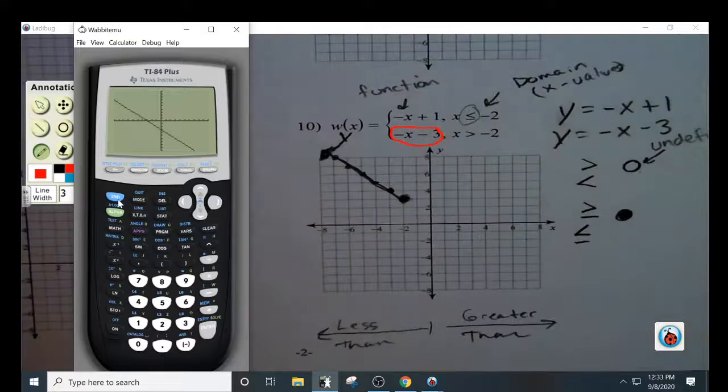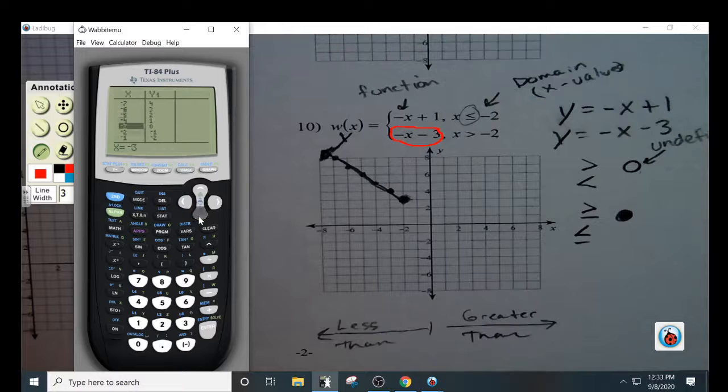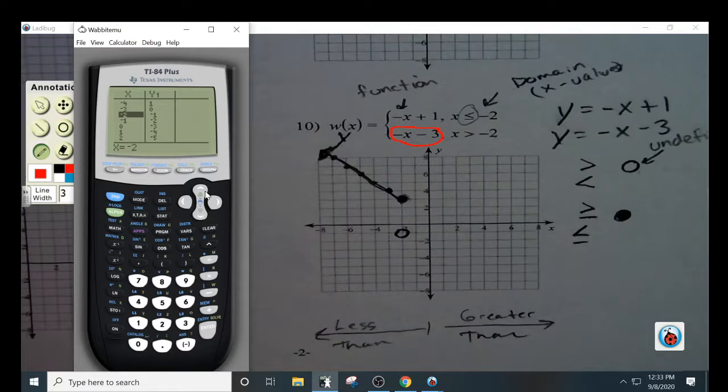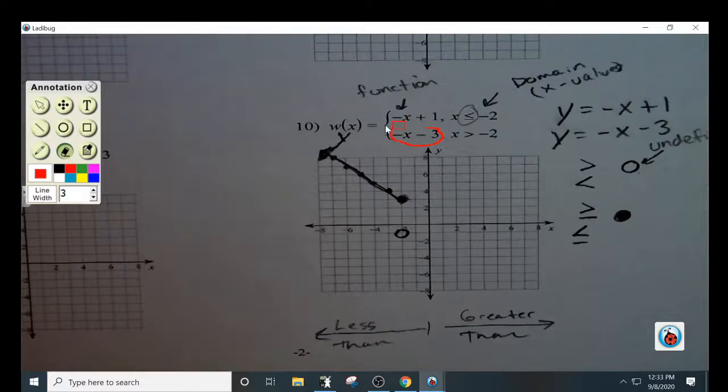Okay, so what I'm going to do, go back to my table, and I'm going to go find negative 2 in my x column. Now, since I'm going x values greater than negative 2, all I care about is values that are greater than negative 2. Okay, so negative 2, negative 1. And guys, that's going to be an open circle because notice that that is not an equal to sign, so it is going to be an open circle.